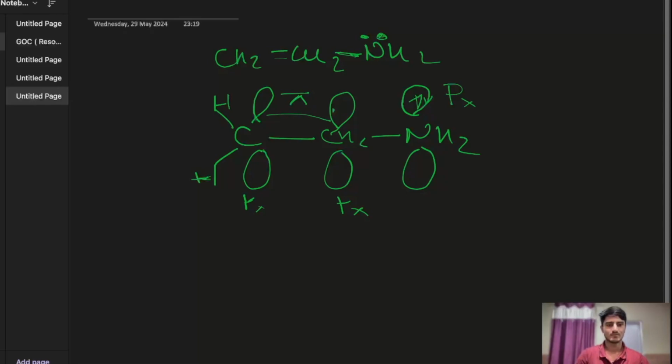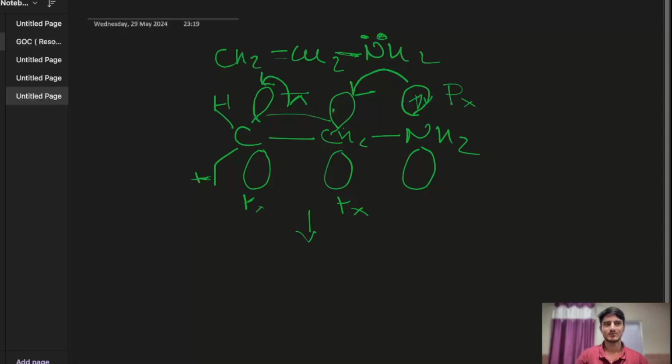So what I want to say: if this orbital is px, then the adjacent orbital must be px to have a resonance effect, because this electron density will move to this orbital and shift above this.